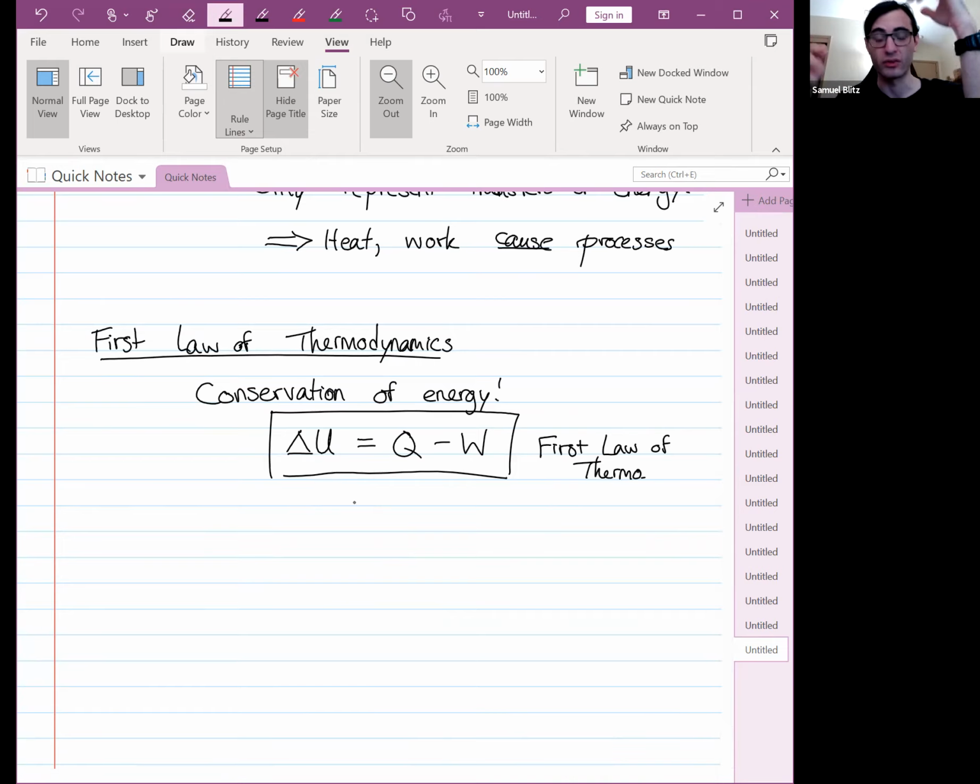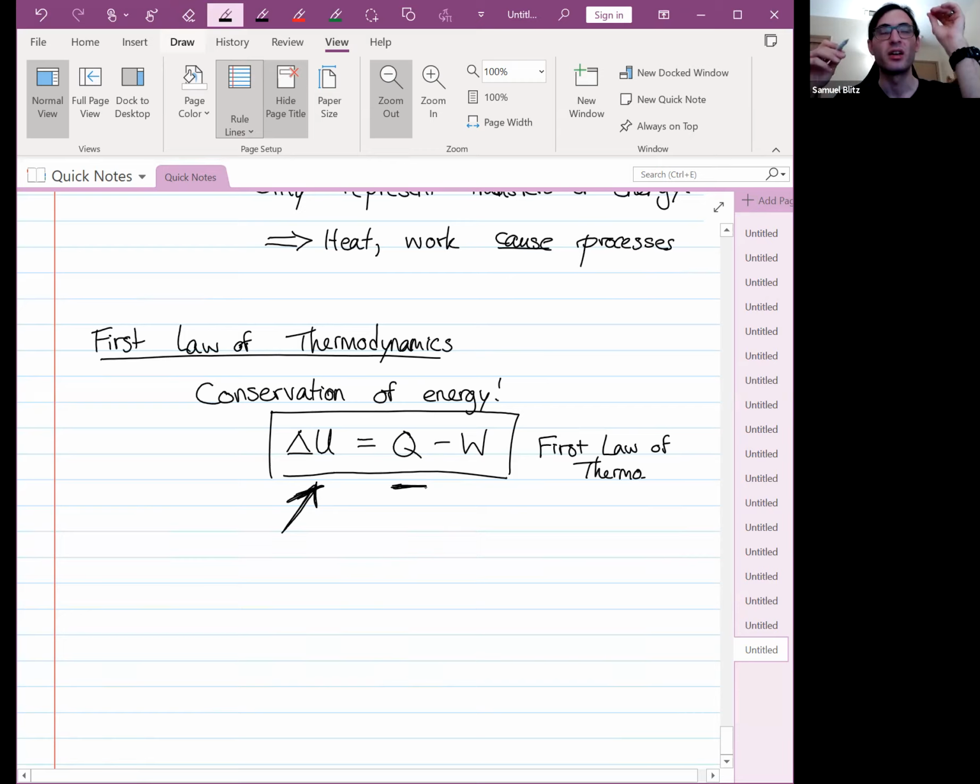You can stick deltas in front of both sides, and that relates changes in one state variable to changes in other state variables. So this equation is unique because it relates the change in a state variable to non-state variables, to process variables. Even though the state variable doesn't depend on how you get there, the route that you take will.